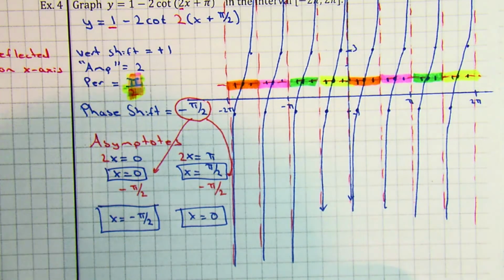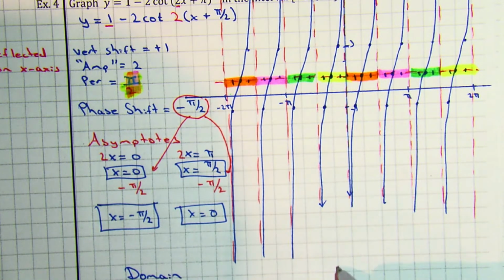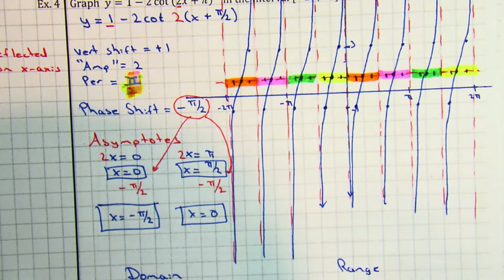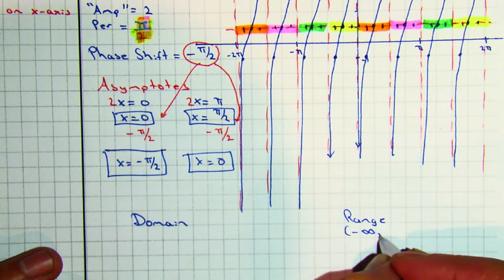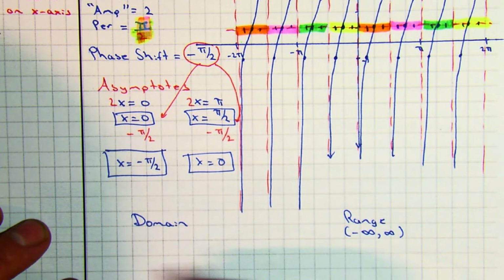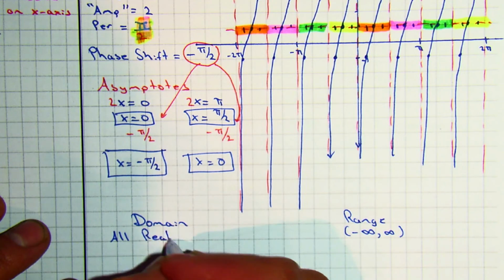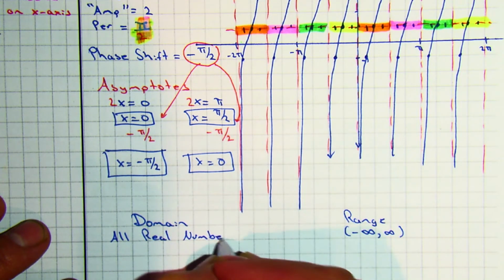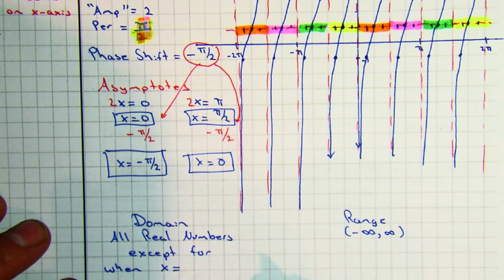Last thing will be your domain and range. Your range is all real numbers. Your domain will be all real numbers except for when x is equal to, you just need to select one of them.